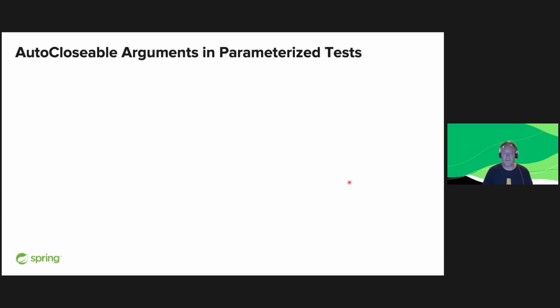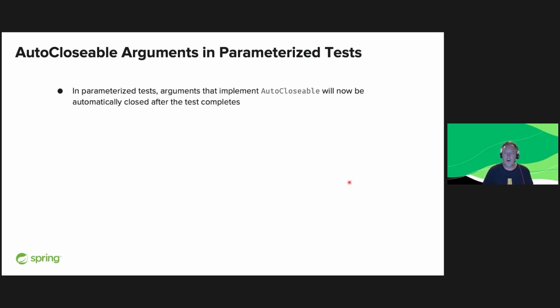Last but not least, we have one additional feature for parameterized tests. If you have any arguments that implement java.lang.AutoCloseable, those will automatically be closed after the test completes. So this allows for automatic cleanup of any resources created for those arguments.